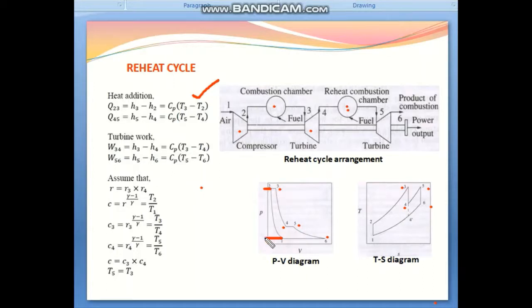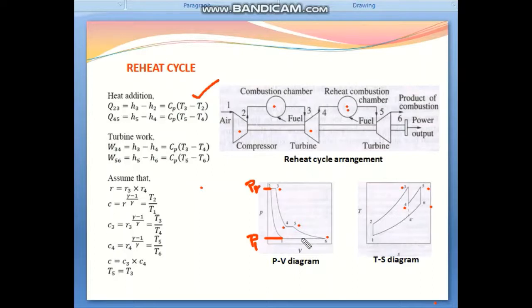Okay, this R is nothing but the ratio between P2 by P1. So R is equal to R3 into R4.